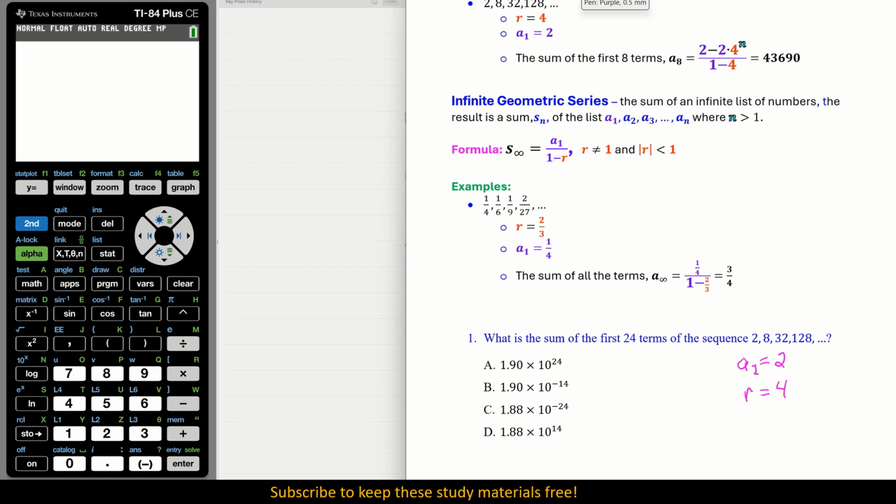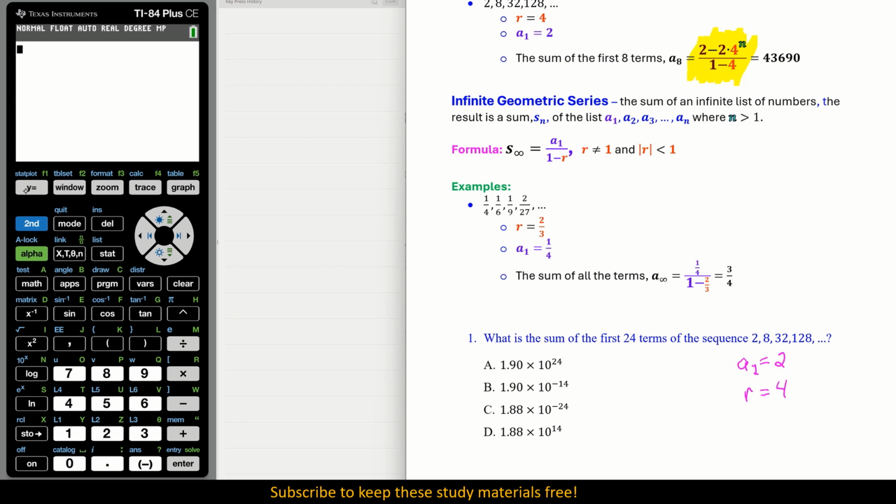Now we have been given a formula that we can use because this wouldn't be infinite, it would be finite. And not only that, our ratio is obviously greater than 1. So we have to use this particular formula, which by coincidence is up here, and we can put that, it's right here, from our example.